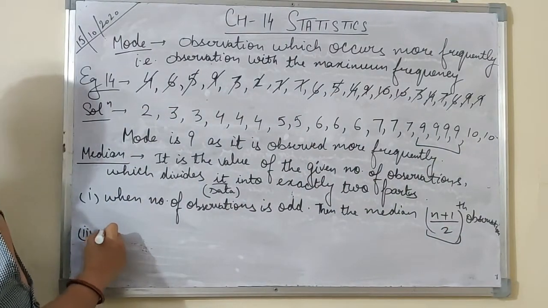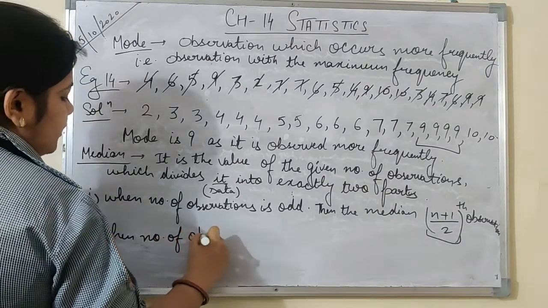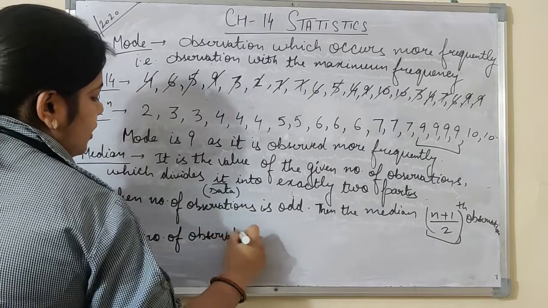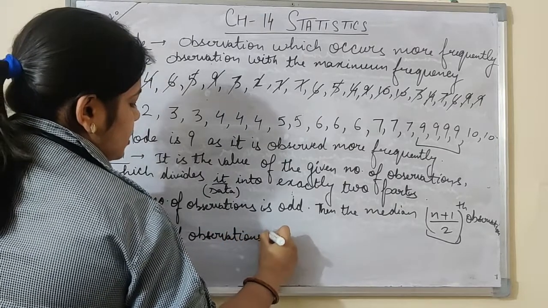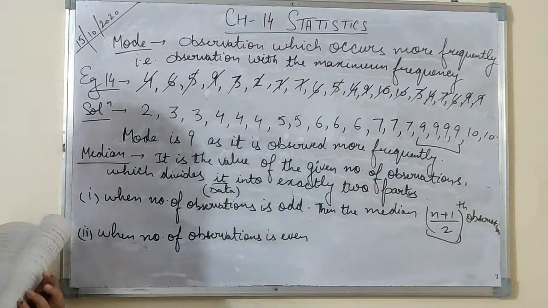Then come to the second part, that is when the number of observations is even.